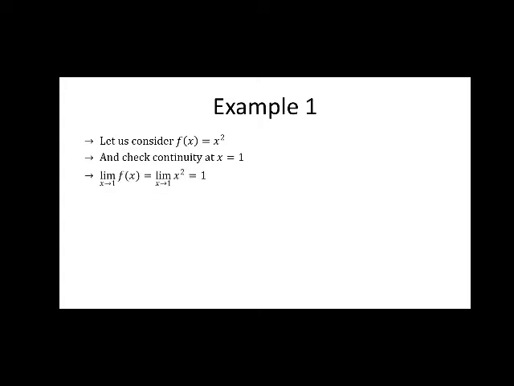It is very easy to see that the limit as x tends to 1 of f(x), which is x square, equals 1. Similarly, the functional value at 1 is also 1. Therefore, the function can be called continuous at x equals 1, because the limiting value and the functional value both match.